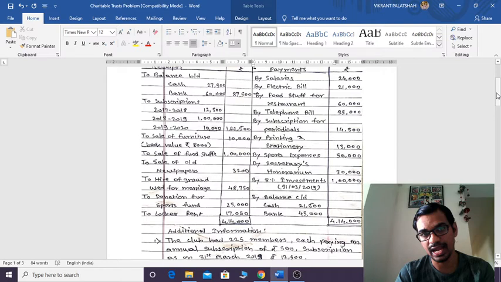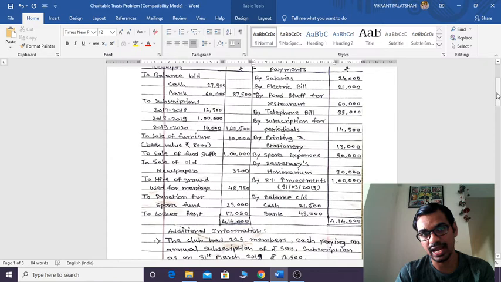See, under the receipt side, subscription 2017-18, how much is given there? 12,500. That is outstanding at the beginning of the year. Outstanding for 2017-18, means at the beginning of the year.